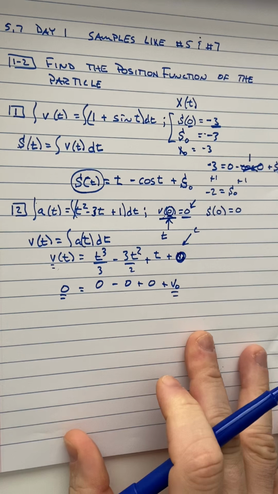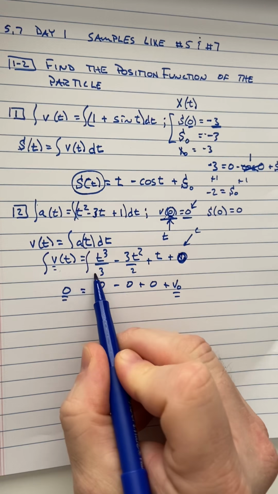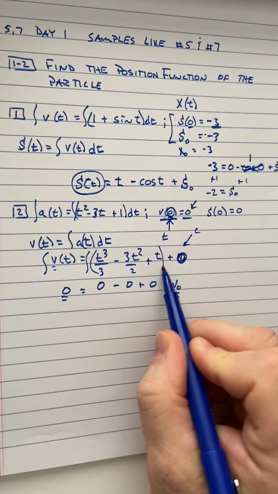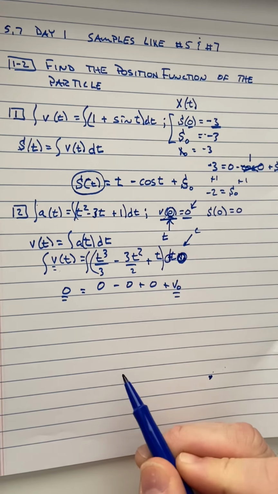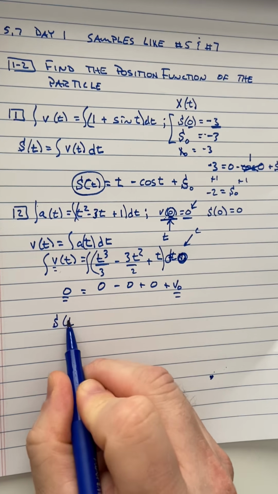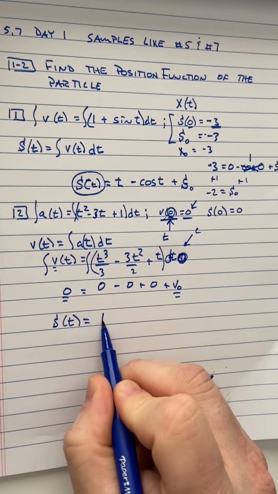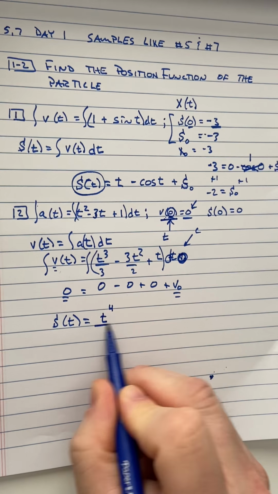Our goal is to find the position function. It's one antiderivative away from the velocity function with respect to t. Here we go, the position function with this. Raise the power, divide by the power. Add 1 to that. Divide by 4.